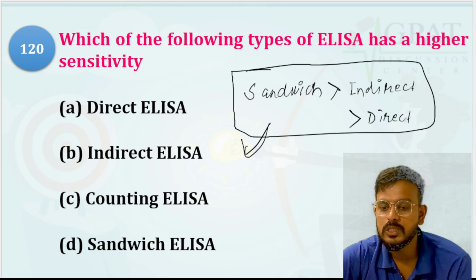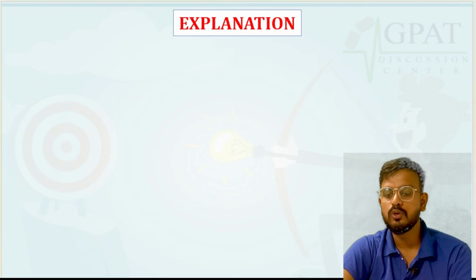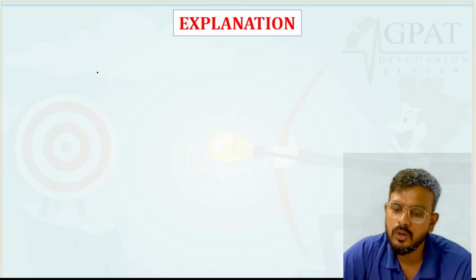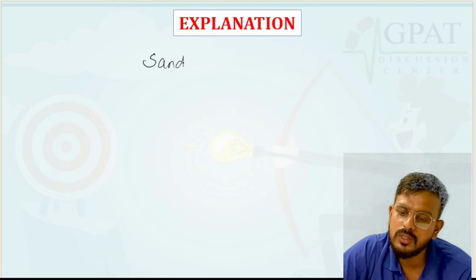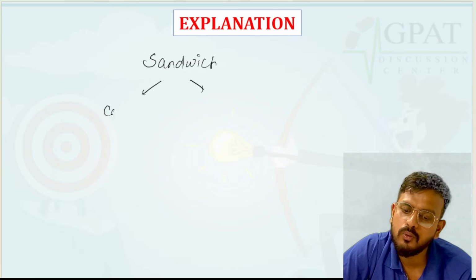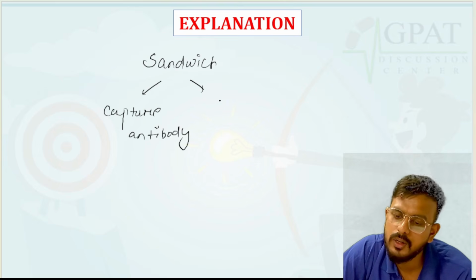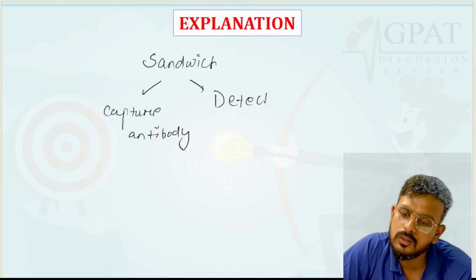And if the question is why sandwich ELISA is more sensitive, it is because in sandwich ELISA we use two types of antibody. One is the capture antibody and the second is the detection antibody.